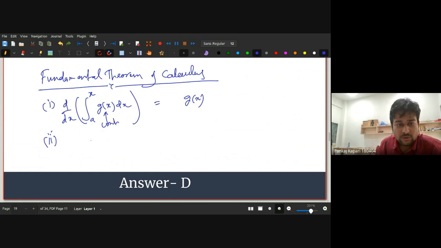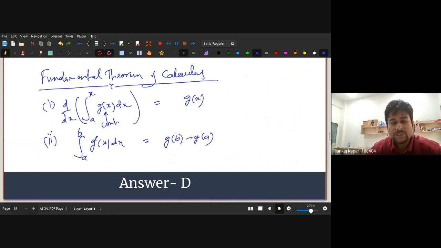Similarly, if you integrate some derivative, so let's say you are integrating g prime of x dx, where we are again assuming that g prime of x is continuous, then this is g(b) minus g(a). That means you are getting your function back, right? If you are not integrating from a to b, but from some point t, you will get g(t) minus g(a).